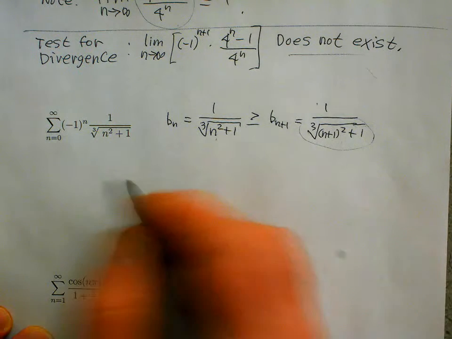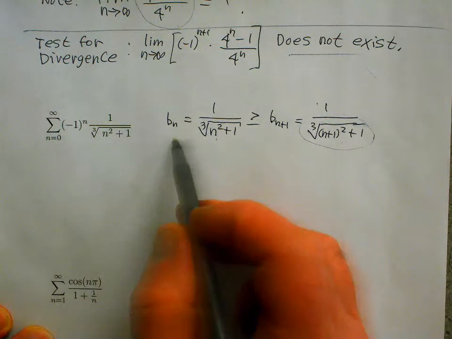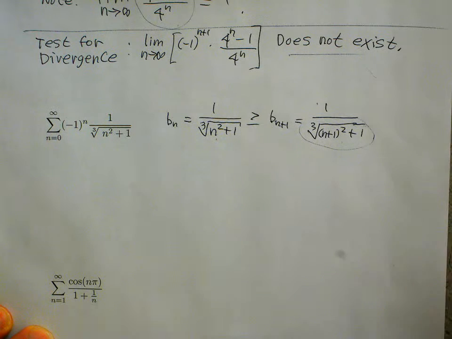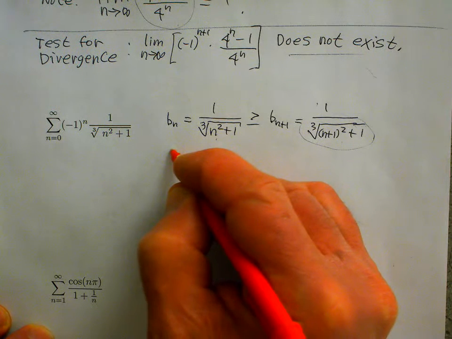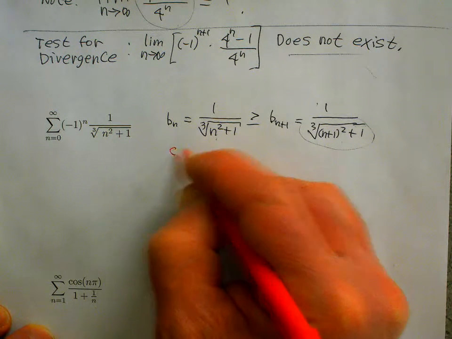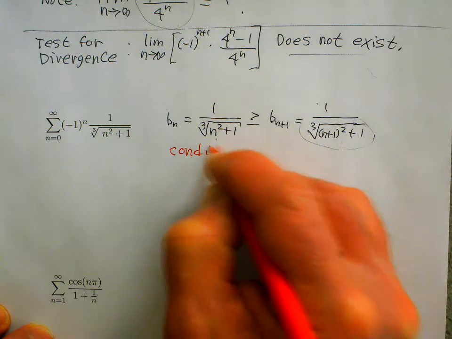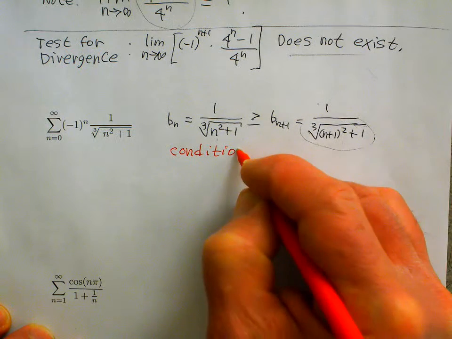And then we want to know if the limit of b sub n is equal to 0. So just to be clear, condition 1 of the alternating series test is satisfied.